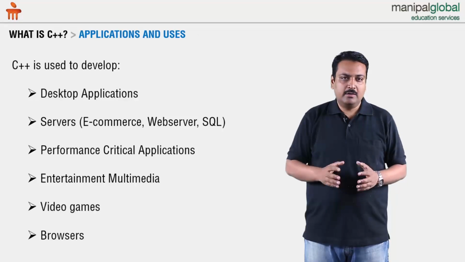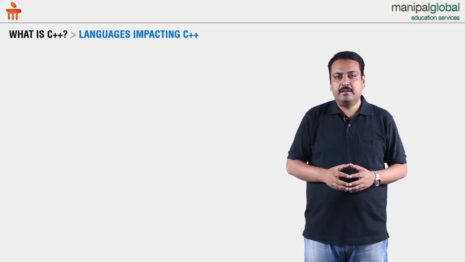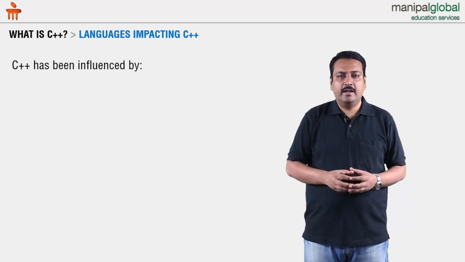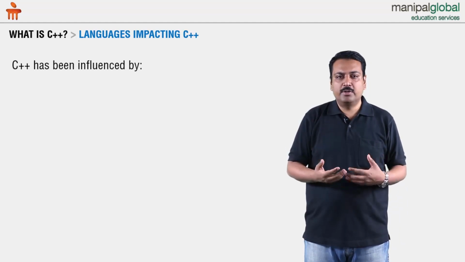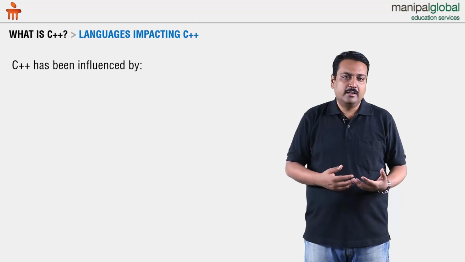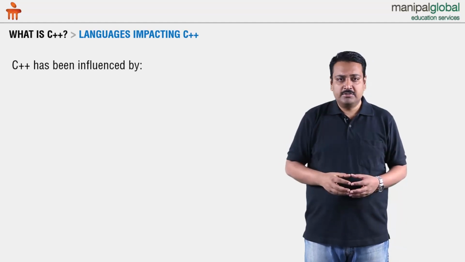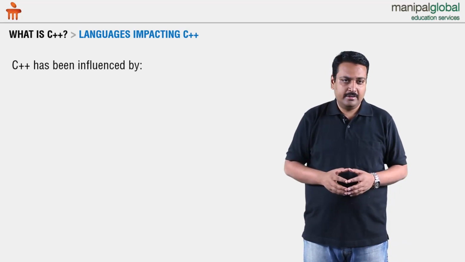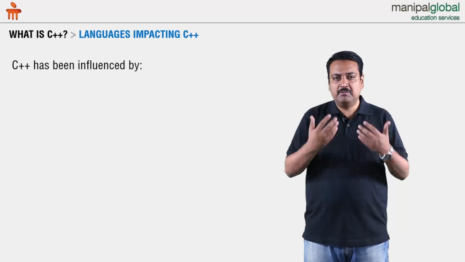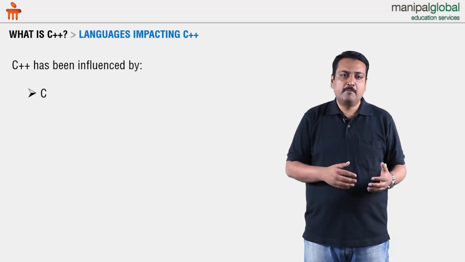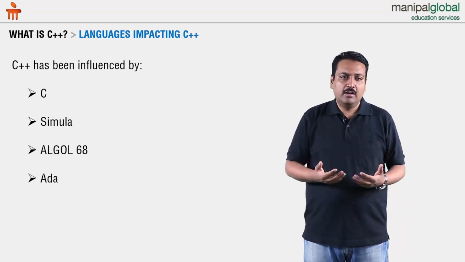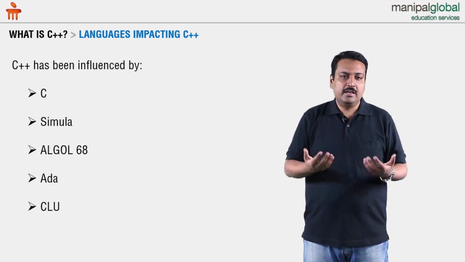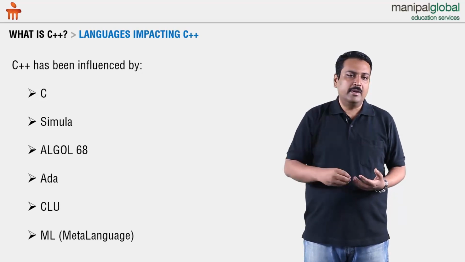Now let us learn about languages that have impacted C++. There are many languages that have influenced C++ over the years, and depending upon which version of C++ was released, we have certain languages that have impacted it. To start with, C++ was influenced by C, Simula, Algol, Ada, CLU, and ML.